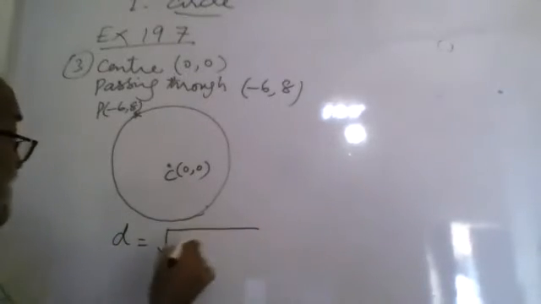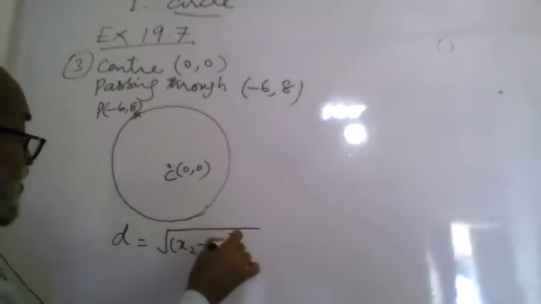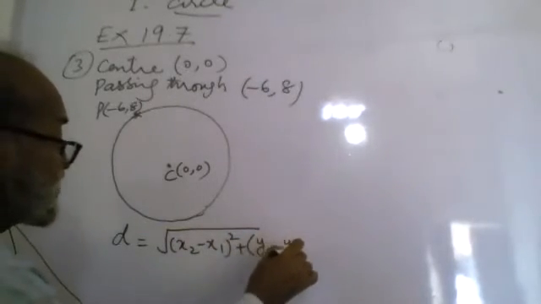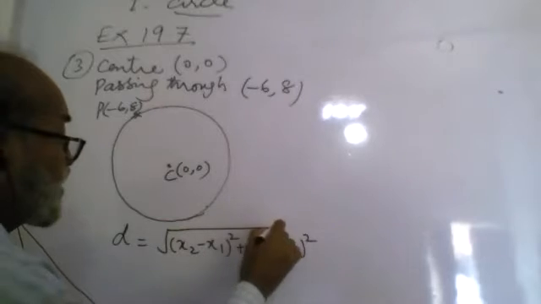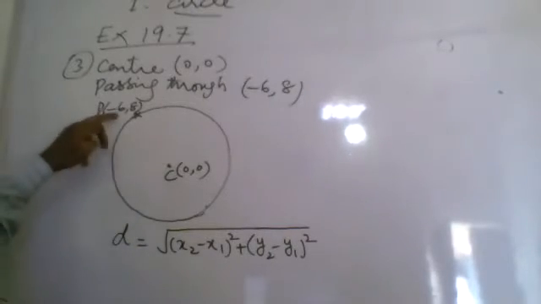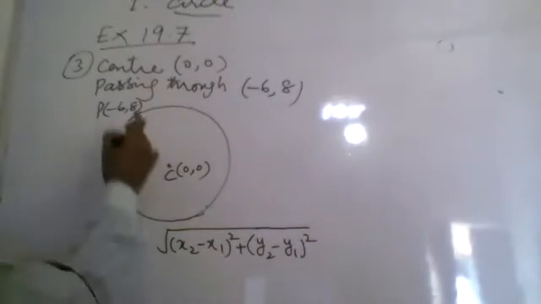This is the distance formula: square root of (x2 minus x1) whole square plus (y2 minus y1) whole square. This is the distance formula which will be used to find the distance between the point C and P, and this is the radius.